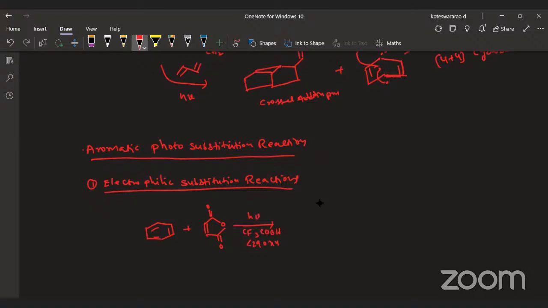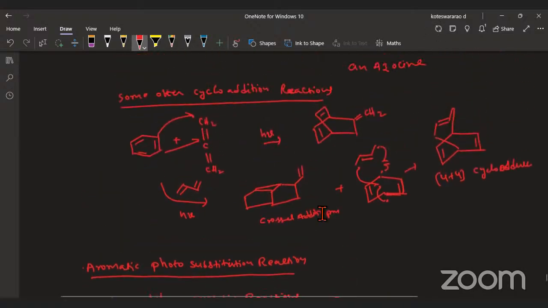Upon irradiation, it undergoes the substitution that leads to the formation of a product again. There is no disturbance in the aromaticity of that benzene ring, which leads to the formation of phenyl maleic anhydride. How is it generated? We see the mechanism.